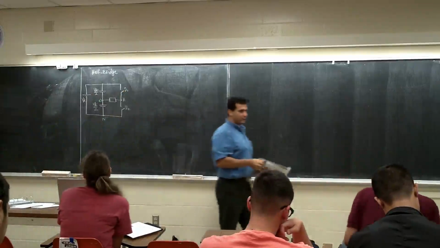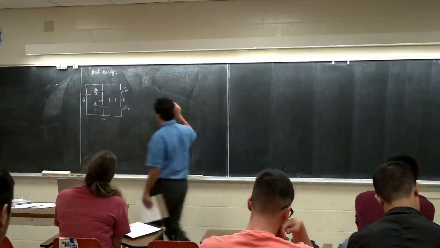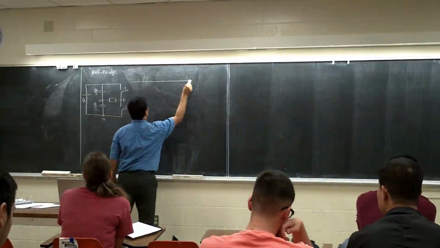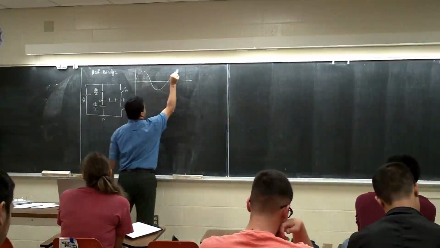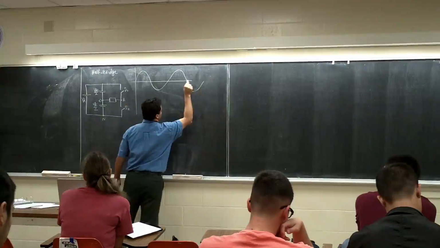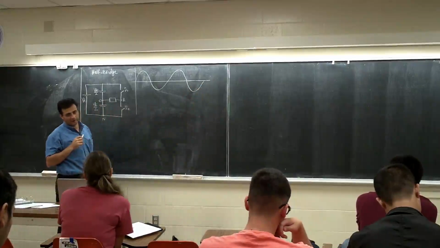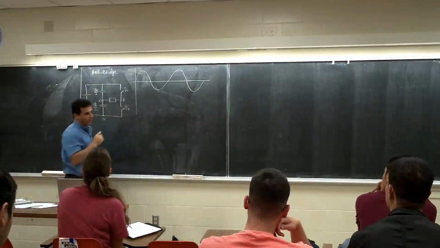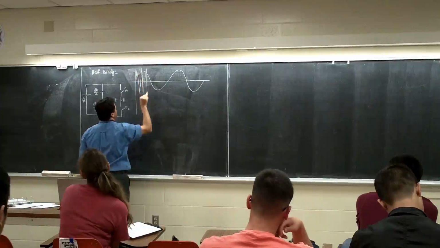We said how the sine PWM works. We have a control waveform, we call it V con, and we have a carrier waveform, we call it VTRI, the triangular waveform. It's going to be like this.